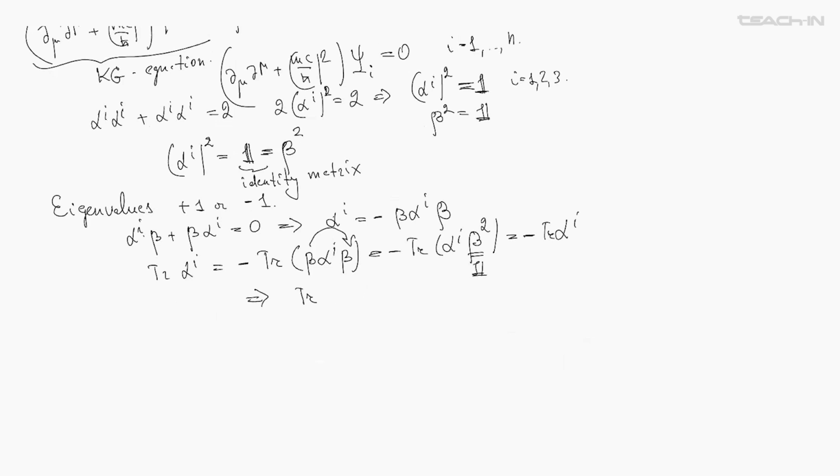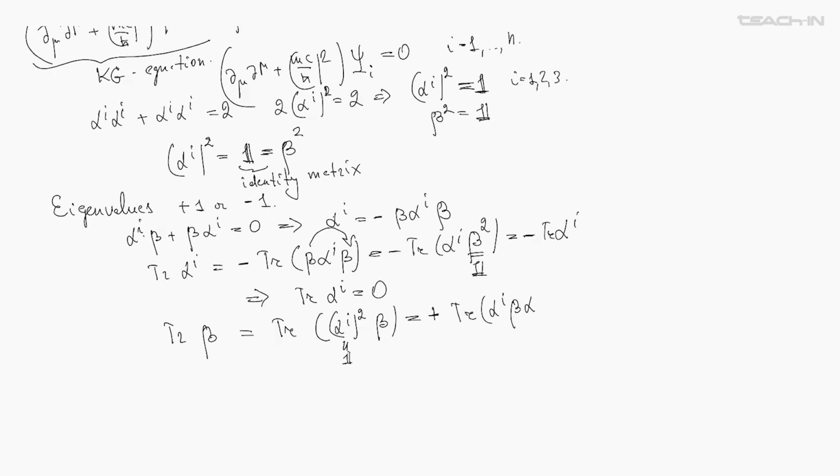Analogously, trace of beta is equal to the trace, taking any alpha, and since alpha I squared is 1, I can write it as trace of alpha I squared with beta, because this is the identity matrix. Then I write this as plus trace alpha I beta alpha I, by the cyclic property of the trace.